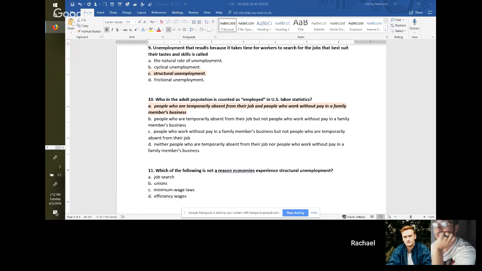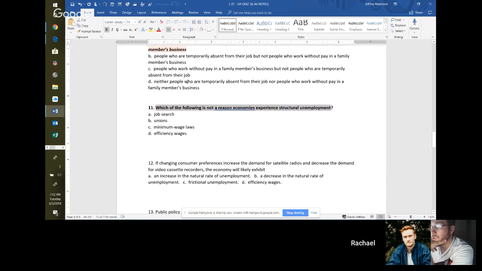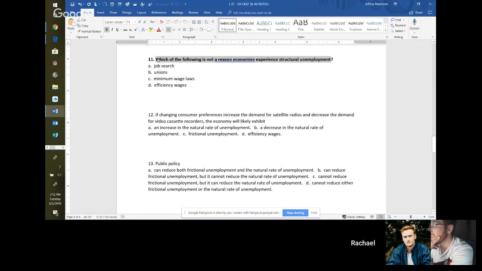Well, unemployment that results because it takes time. Well, gosh. Hold on. That's number 9. That's why that's confusing. Okay. Which of the following is not a reason economies experience structural unemployment?